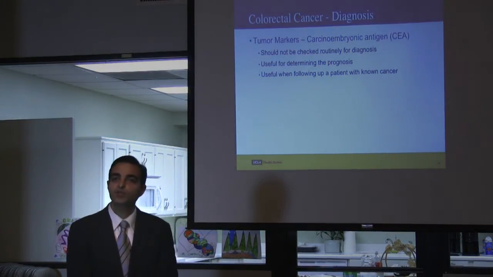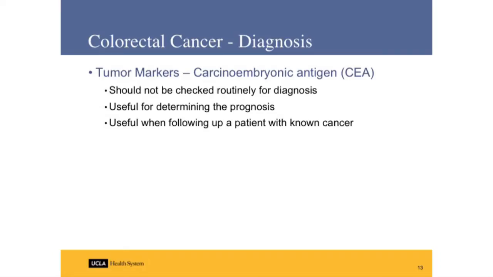So there are tumor markers also that are often used in colorectal cancer. However, it's not recommended to check them for diagnosis. The CEA is specific for colorectal cancer, but it's not recommended to check the CEA in everyone to be used as a screening tool.